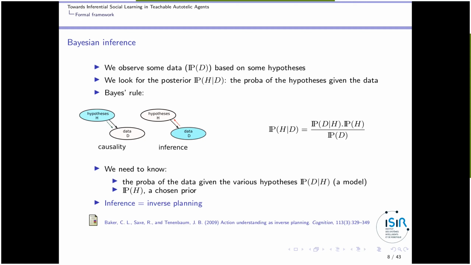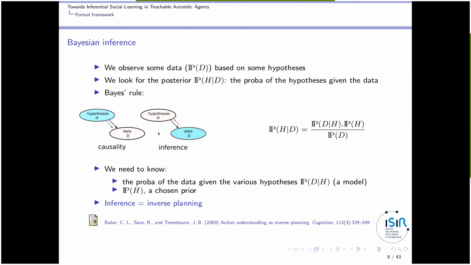So just so that you get the idea, in Bayesian inference, you assume that you have some hypothesis, and based on this hypothesis, causality will generate some data. And in inference, you are observing the data, and you want to infer what the corresponding hypotheses are. The Bayes rule tells you how to infer the hypothesis from the data if you know the probability of the data, the probability of the hypothesis, and the probability of the data given the hypothesis.